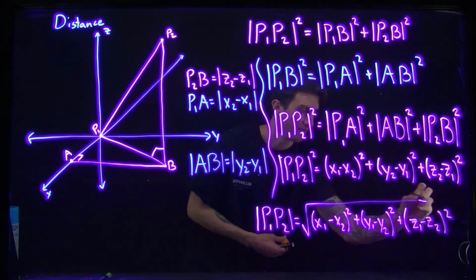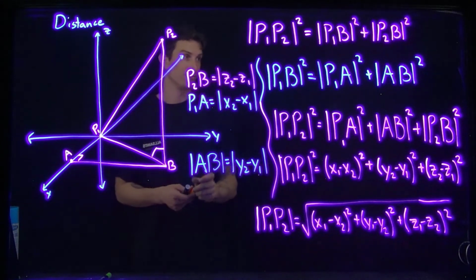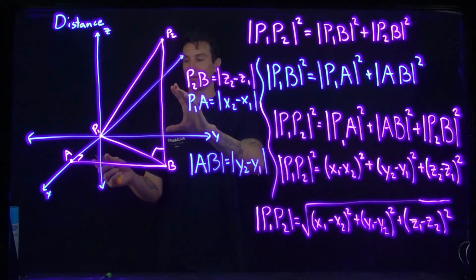And that is our distance formula. Very similar, obviously, to our distance formula in 2 dimensions, just adding on the z values, but I wanted to make sure we understood the derivation.